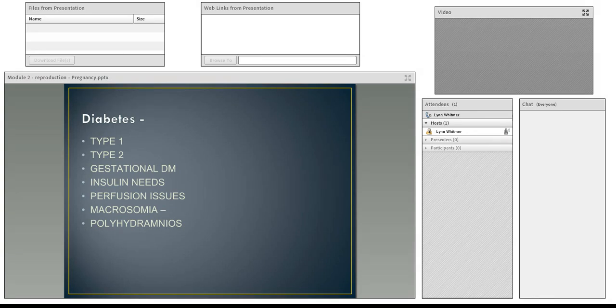But if she requires insulin, and most often she will require insulin in pregnancy because of the higher sugar loads in pregnancy, now she becomes a perfusion issue. Now she becomes a watch the placenta growing issue. But it has no link to fetal anomalies.